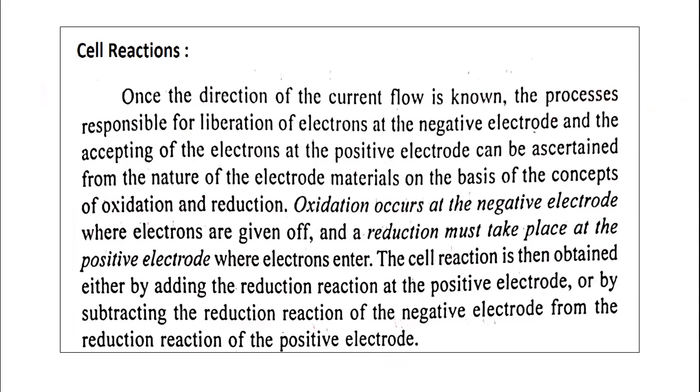So the cell reaction is obtained by adding the reduction reaction at the positive electrode and subtracting the reduction reaction of the negative electrode, or the cell reaction can be written by the addition of the two reactions which take place at the left hand side and right hand side electrodes.